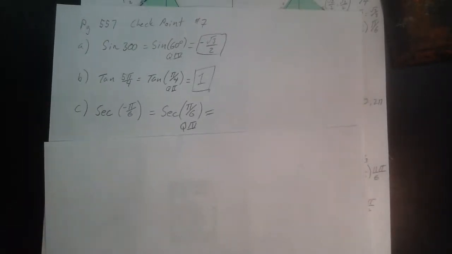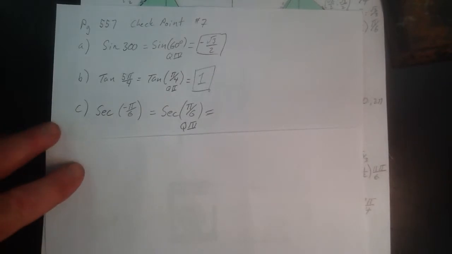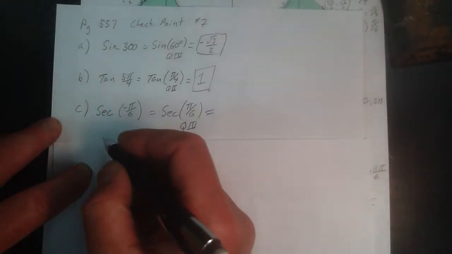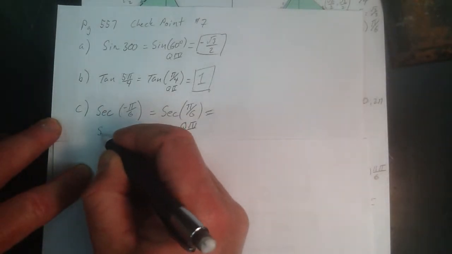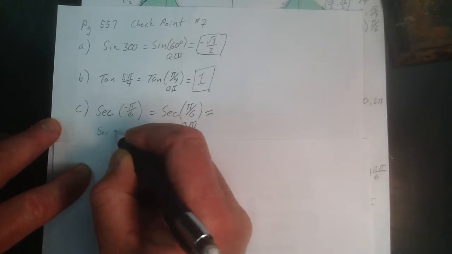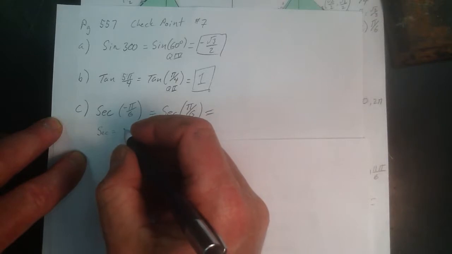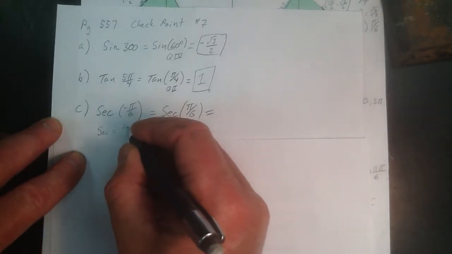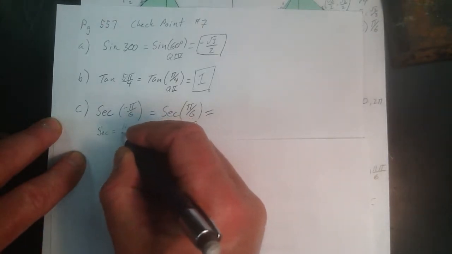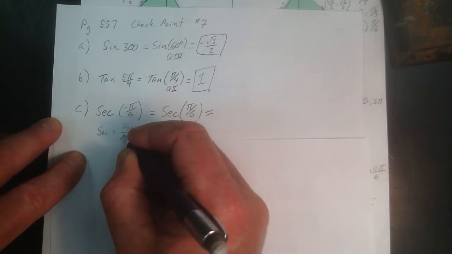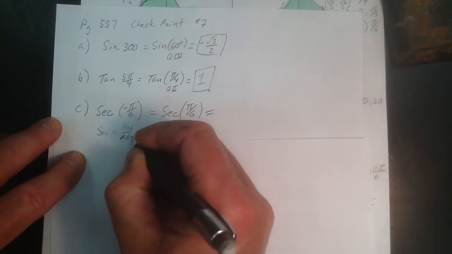What about the next? Secant of negative pi over 6. There's two ways to do this. I'm going to do this a little bit different from class. Secant is the inverse of cosine. Cosine is adjacent over hypotenuse, so we're going to write this as hypotenuse over adjacent.